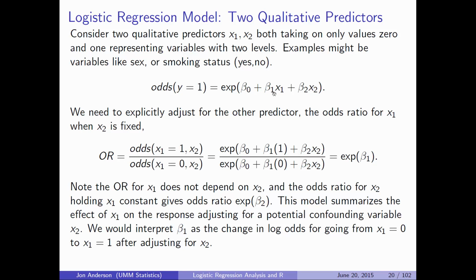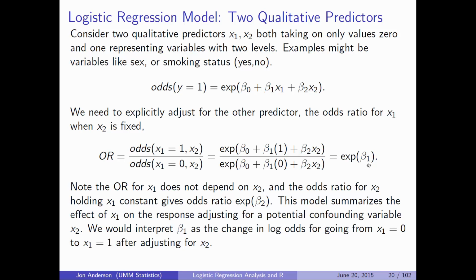We would plug into our odds function x1 equals 1 in the numerator, x1 equals 0 for the denominator. x2 would be just a value denoted by x2, and it would appear in both the numerator and denominator. And when you cancel common terms, the beta naught and the beta 2 x2, you're left with e to the beta 1.